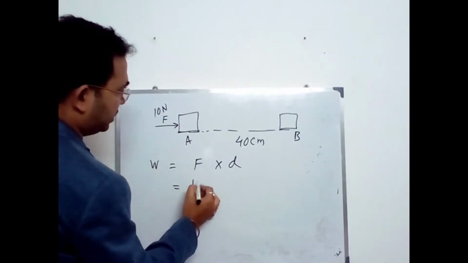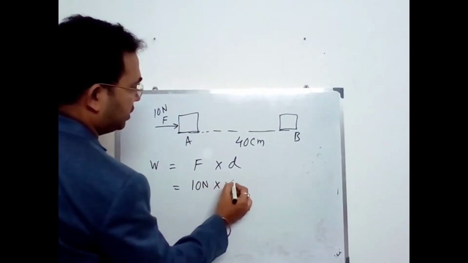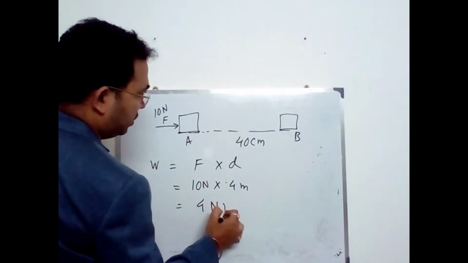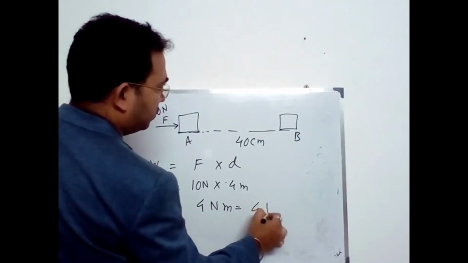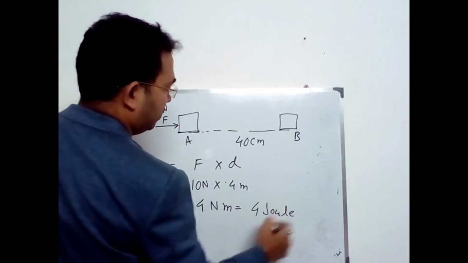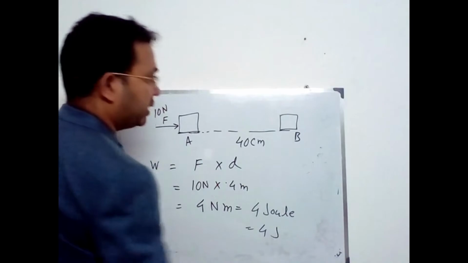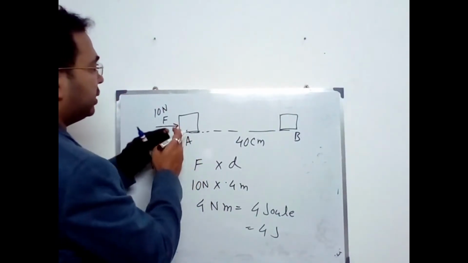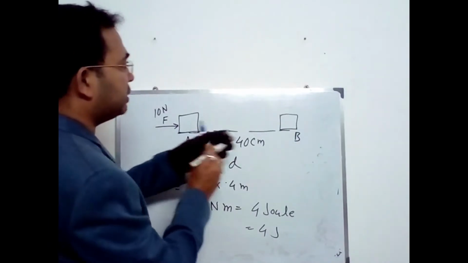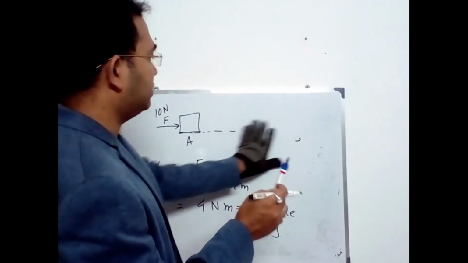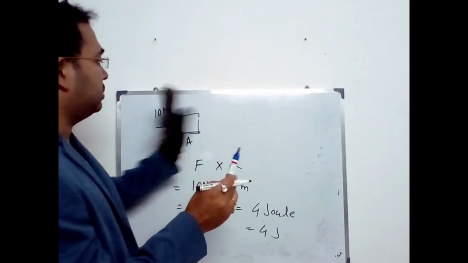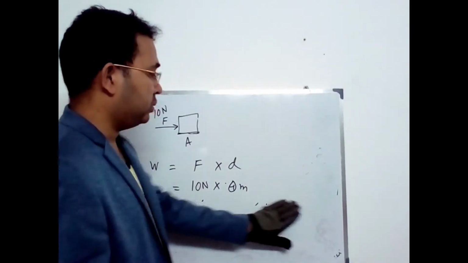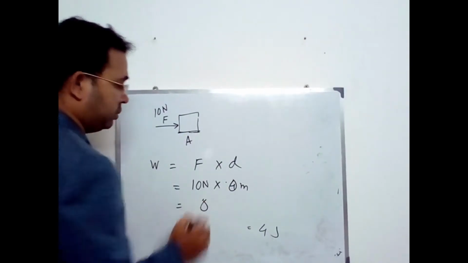So force is 10 Newton and displacement is 0.4 meter. So the work done is 4 Newton meter or 4 joule. We can also write 4J. But if the body does not move, that means the displacement is 0. In that case, 10 Newton into 0, so work done is 0.